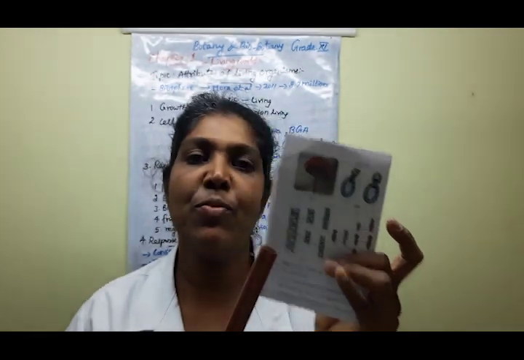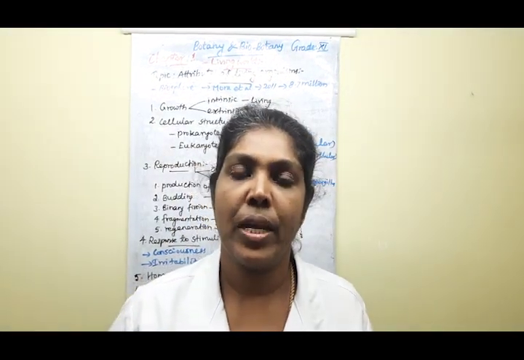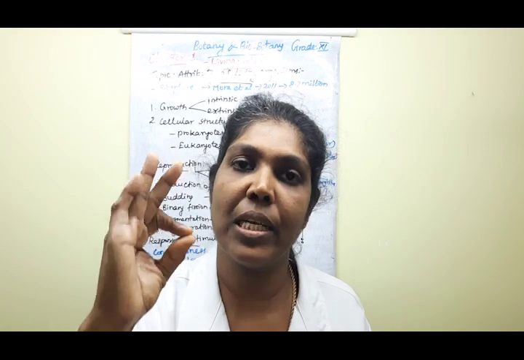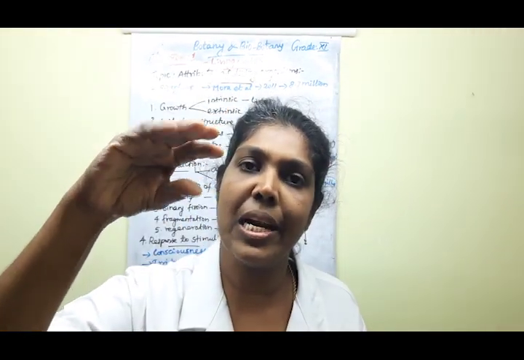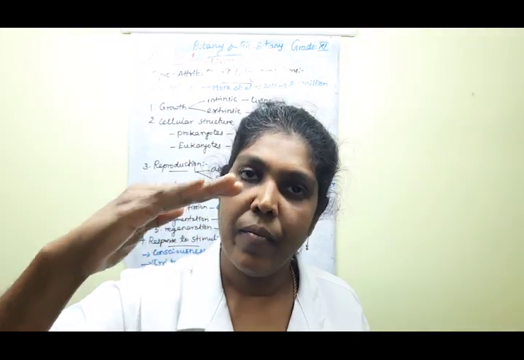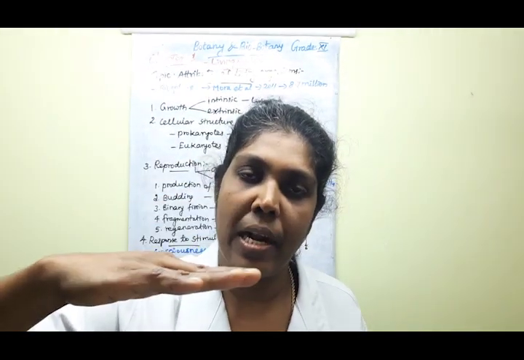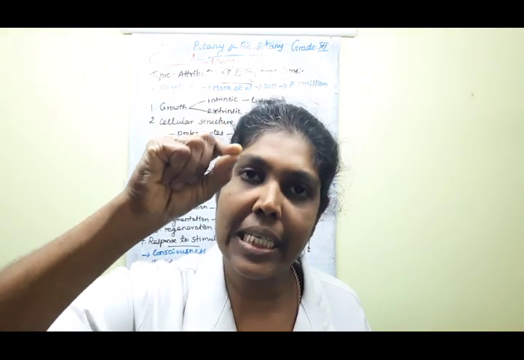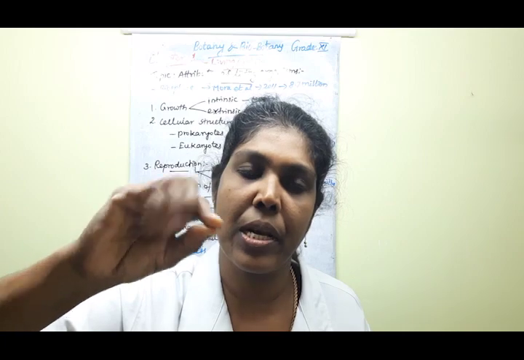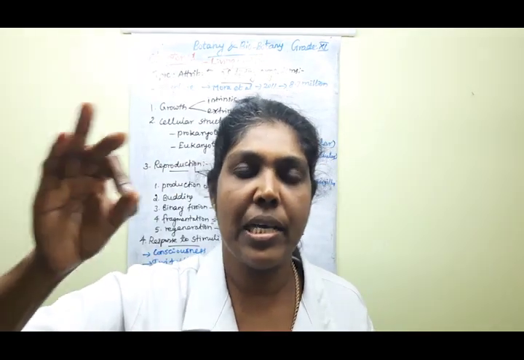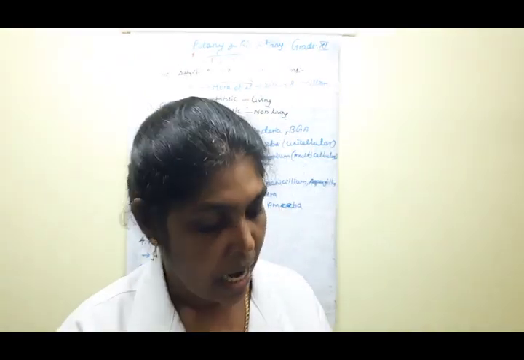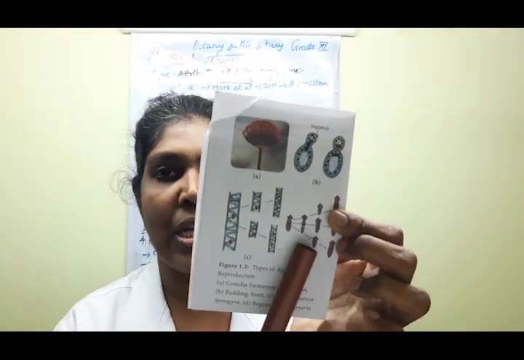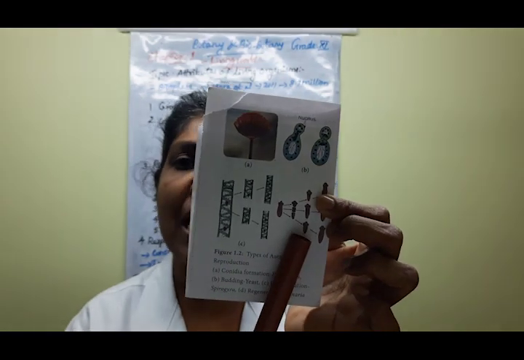Clear? Next one, regeneration. In this asexual method, if a cut is made in any organism, each cut part can grow and produce a new one. Understood, children? That type of asexual method is known as regeneration. If you look at this diagram, this picture is of the planaria species.